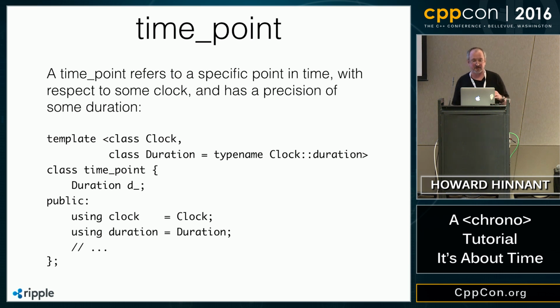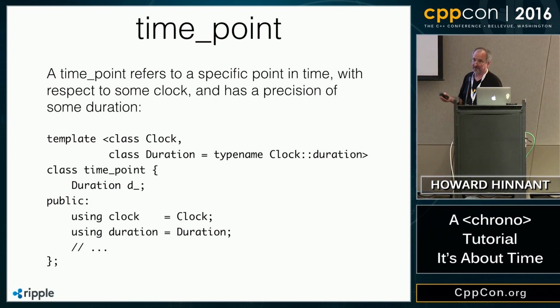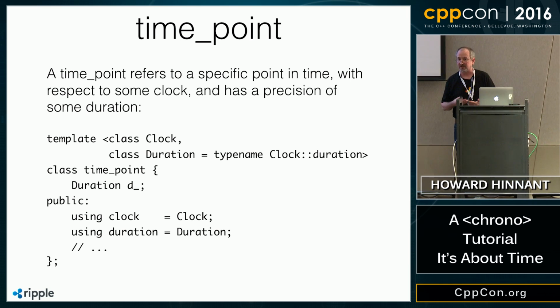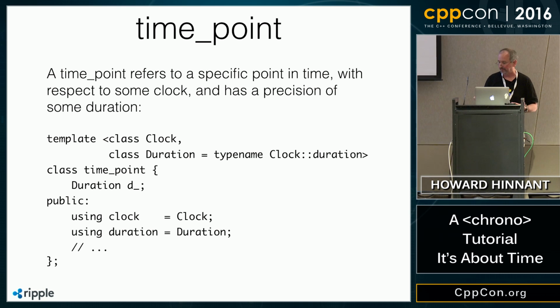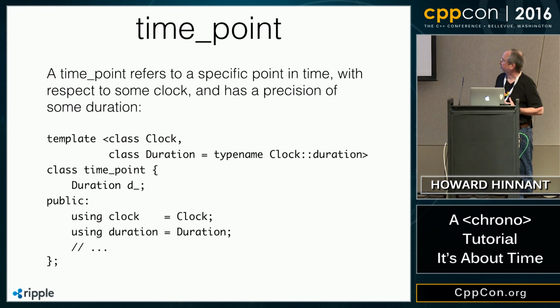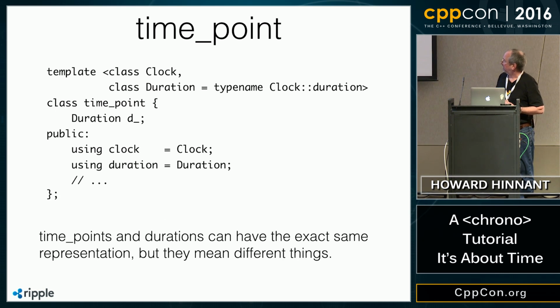And a clock has these nested types, clock and duration, so that if you get one generically, you can inspect it at compile time, find out what clock it's based on, what duration it's based on, and from the duration, then you can get the representation in the period, numerator, denominator, all very inspectable. And as I said before, time points and durations can have the exact same representation, they just mean different things.